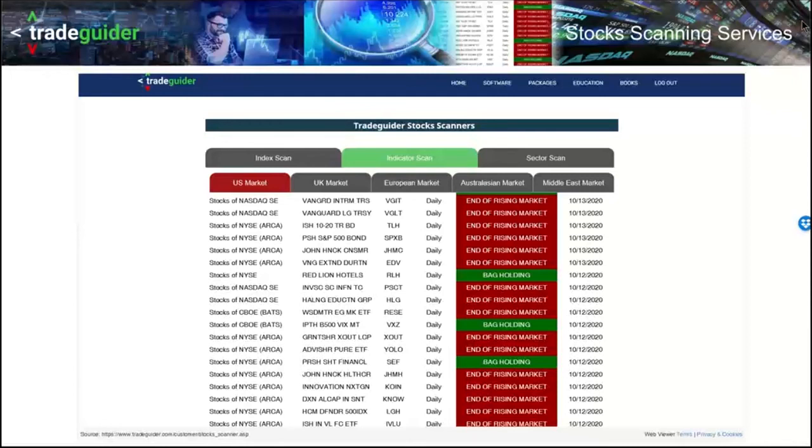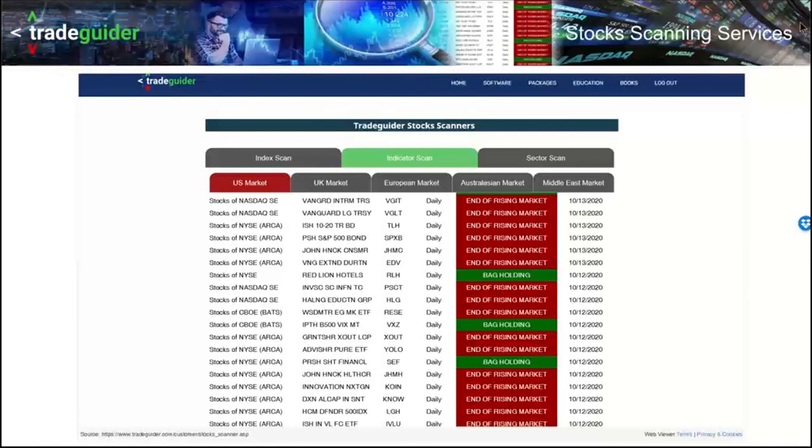The second type of chart we are using for indicator scans is weekly, and the scan is performed on a weekly basis. We are not scanning them every day. We need to remember that VSA works only on closed bars. It does not work on ongoing bars or still open bars.